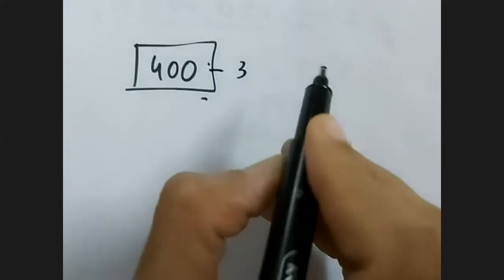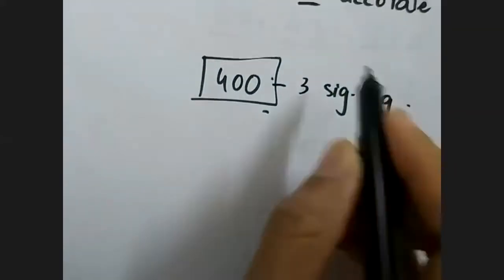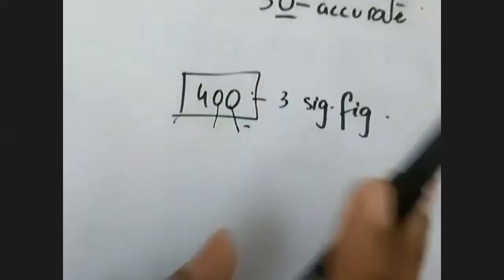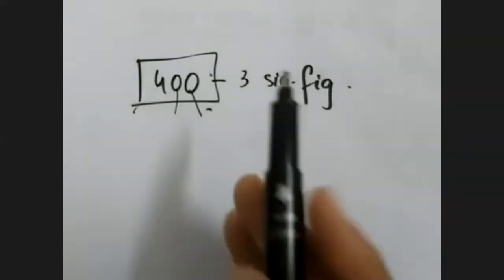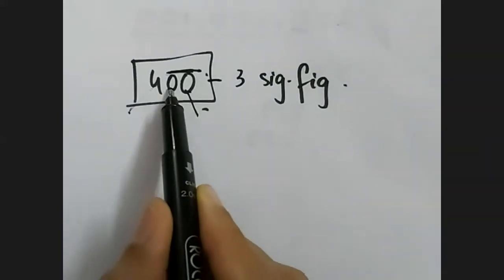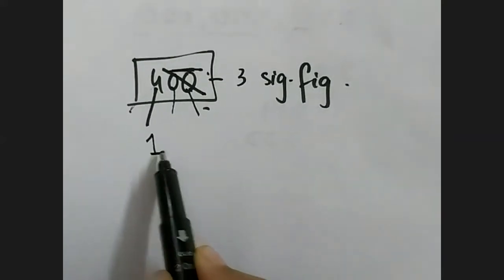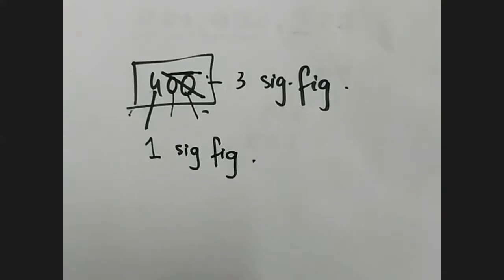If I say that this has 3 significant figures, that means I'm trying to say that all the 3 digits are highly accurate. Well, that is not the case. This might be an estimate. To be on the safe side, I will take them to be estimates and say that only 1 significant figure, which means its accuracy level is a little low.